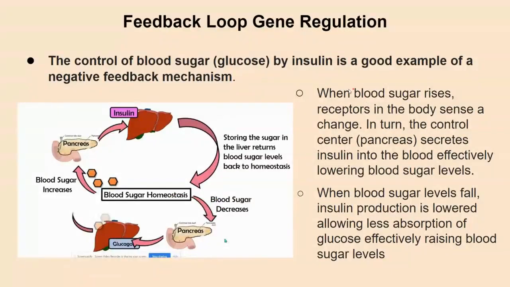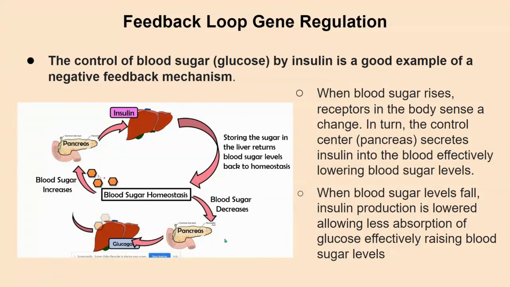So let's look here. This is another type of feedback loop. For instance, if you eat a large meal, you have lots of glucose in your blood, or your blood sugar raises. This sends a signal to your pancreas to create insulin. Insulin is processed, and it is a hormone that causes your blood sugar to be transformed into glucagon or absorbed by your cells.